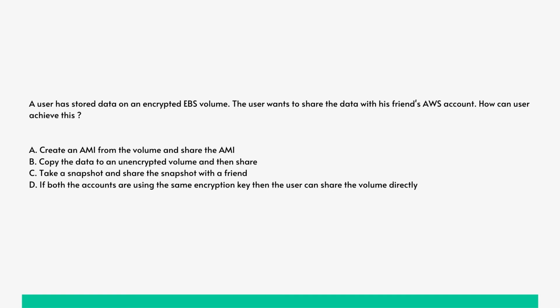A user has stored data on an encrypted EBS volume. The user wants to share the data with his friend's AWS account. How can the user achieve this? Option A, create an AMI from the volume and share the AMI.